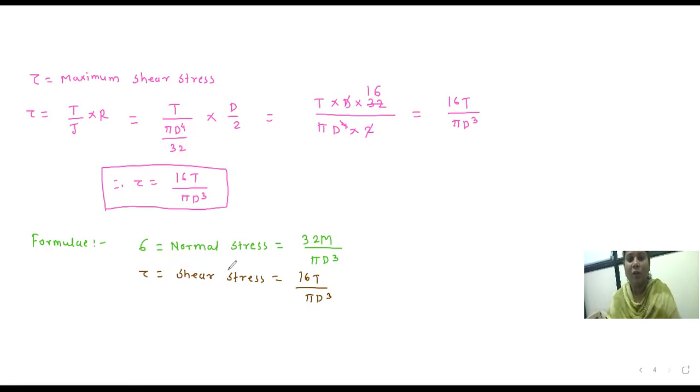Now we have got the normal stress and shear stress. We have to derive the equation for principal stress. Please write down fast. Let me know after your writing is over, so I will continue to the next point.